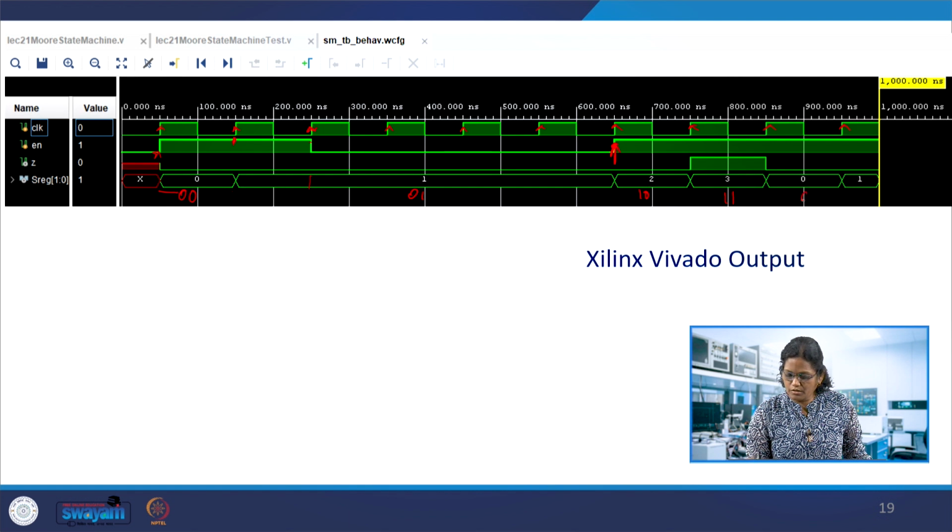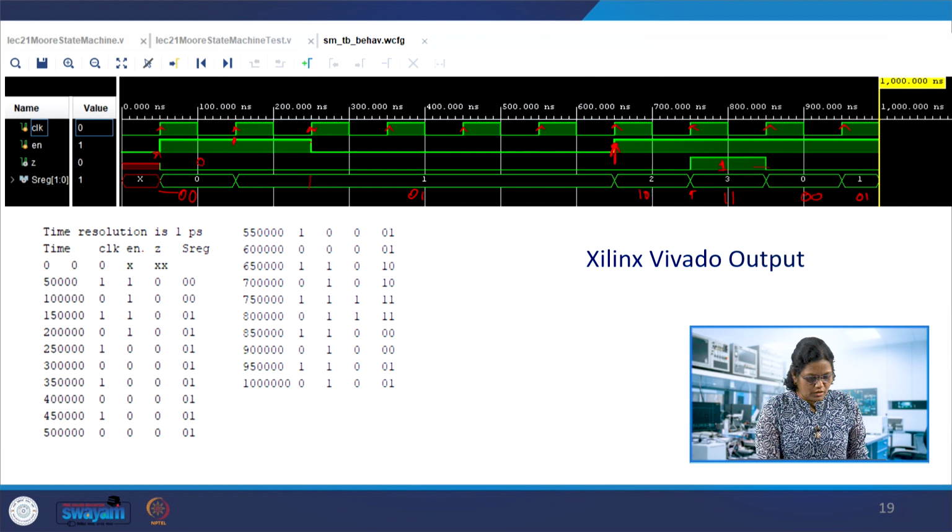After that, again it moves to 0 0, 0 1, if enable is 1. But if we look at Z, the output of the output logic, it is 0, and only at this point, when it is moving to the third state, that is 1 1 state D, the output is 1. We can see the output over here.